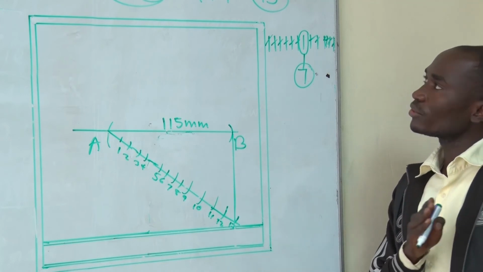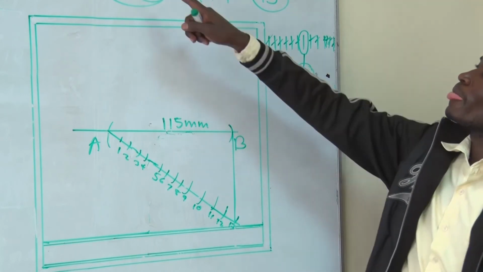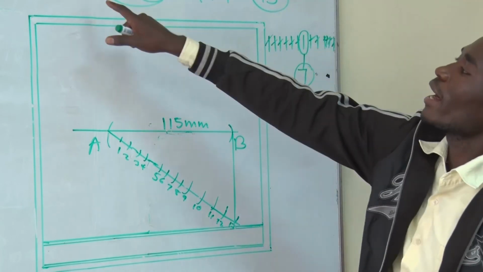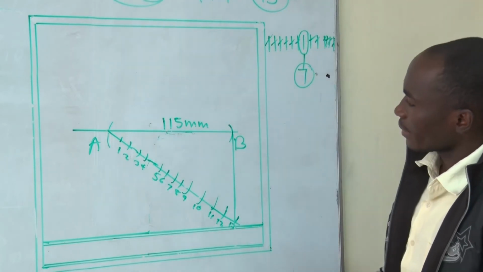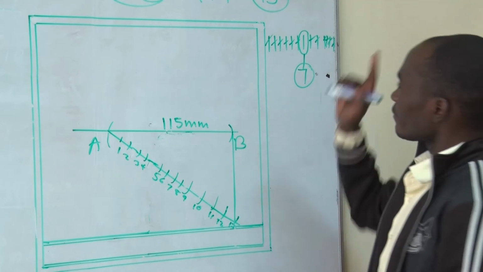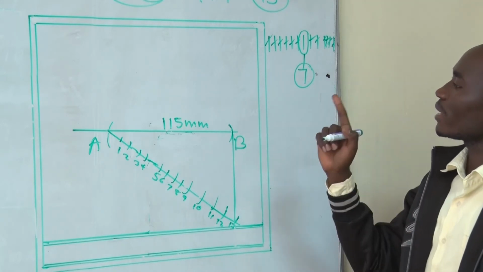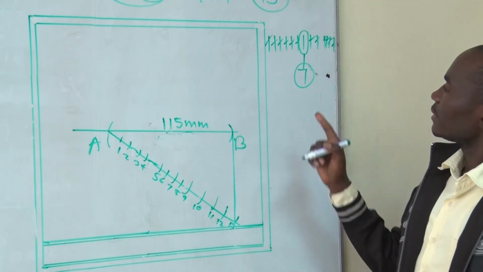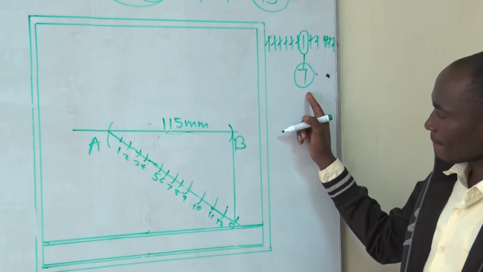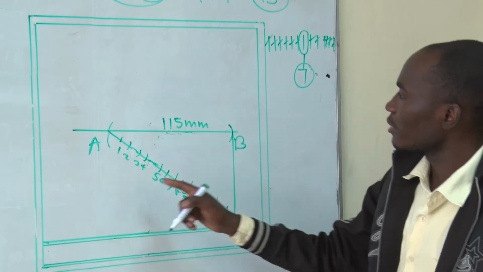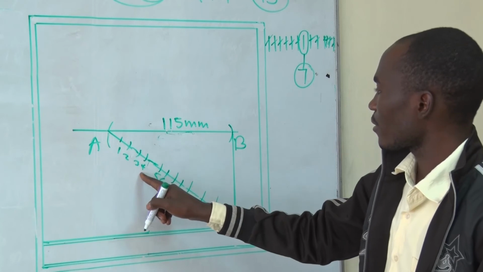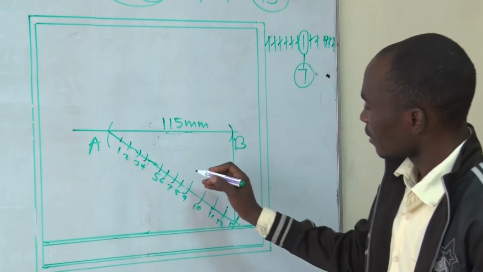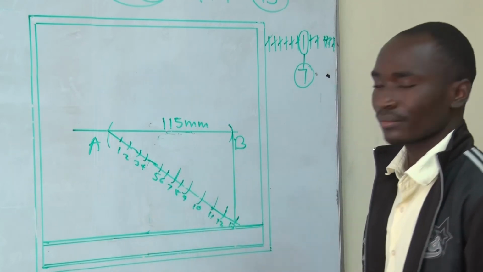Because we have been taught to divide this line into a ratio of 4:9, we said that the 7th point is at the middle of our line. So we have 1, 2, 3, 4, 5, 6, 7. So this is the center.